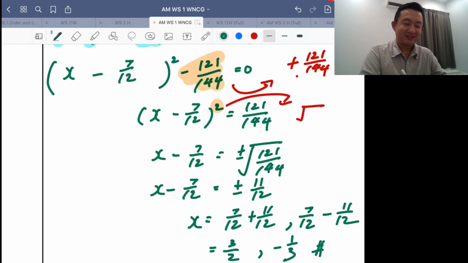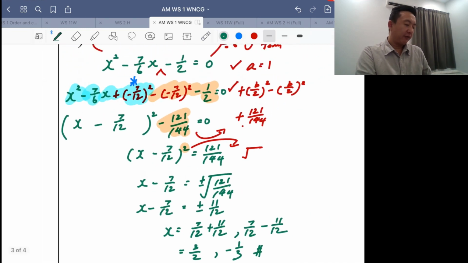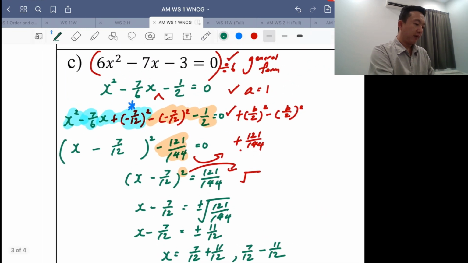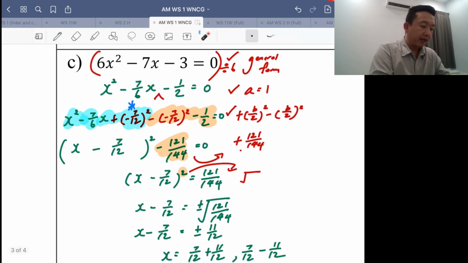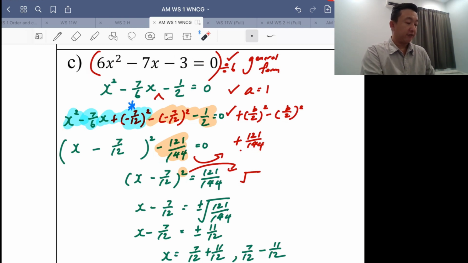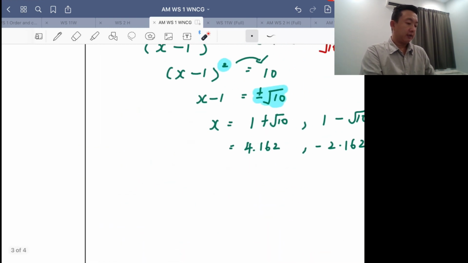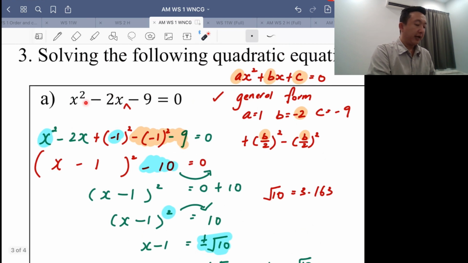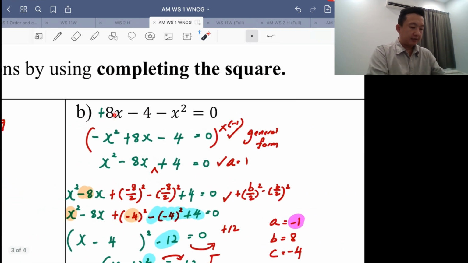Okay, so a few things I want to go through with you, to remind you again. Always make sure your quadratic equation is in general form. So in this case, it's in general form. This as well, you see, ax squared plus bx plus c. I think only this one is not in general form because it's not arranged nicely.